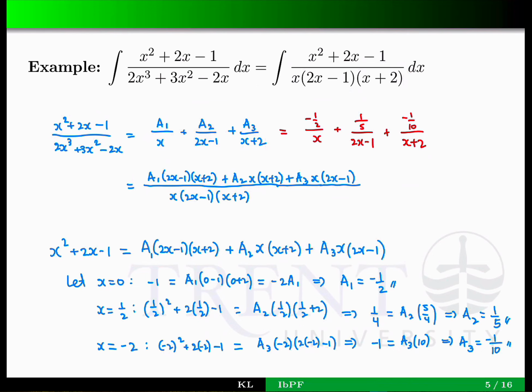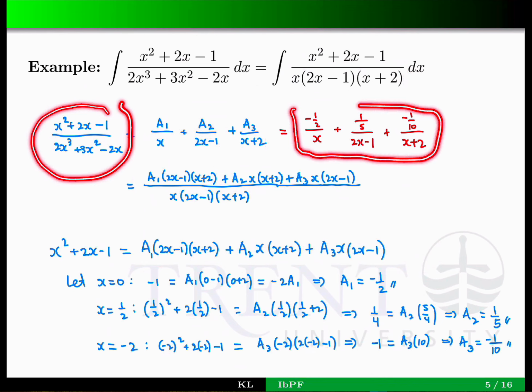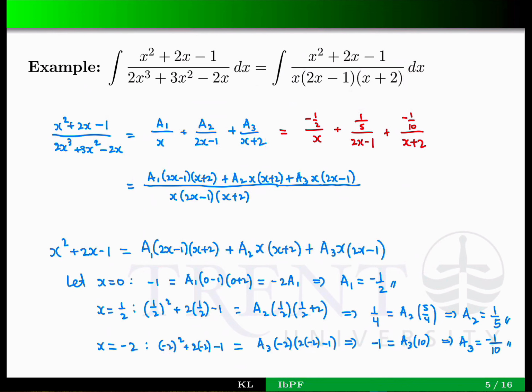So what does this mean? Well, this expression here is equal to this expression, which means that we can now simplify our integrand into the following.